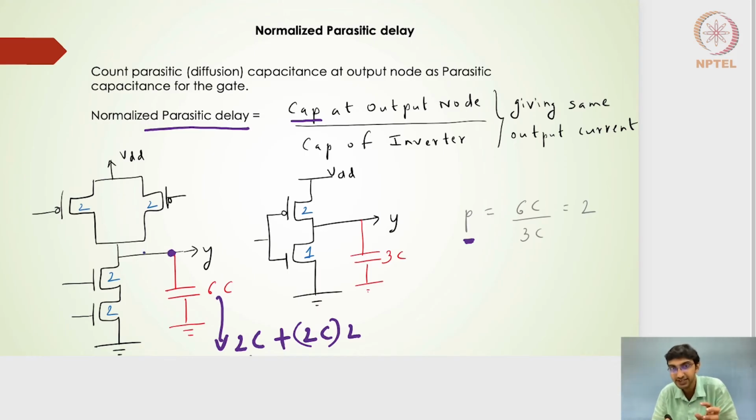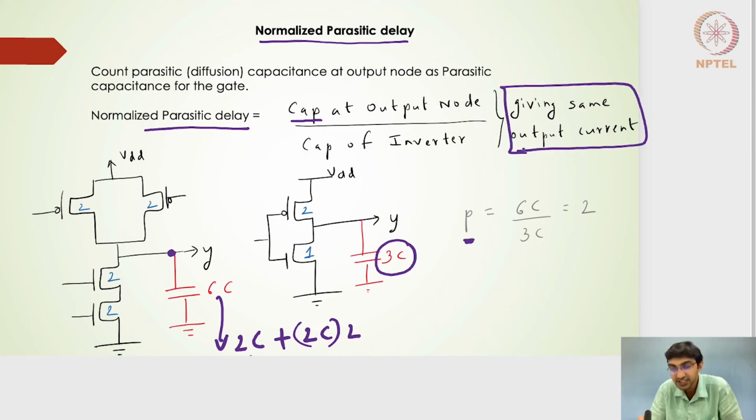The overall effective capacitance seen at the output node is what we consider in the numerator, divided by the capacitance of the inverter. In a 2:1 inverter, I will see a parasitic capacitance of 3C, which is the capacitance seen at the output node, and it is giving the same output current.